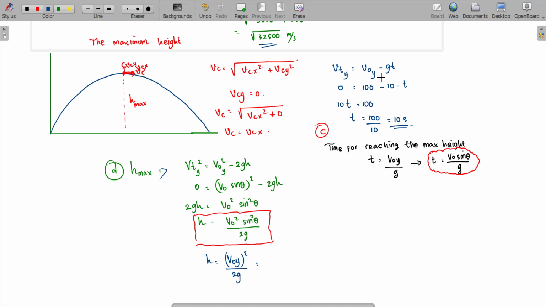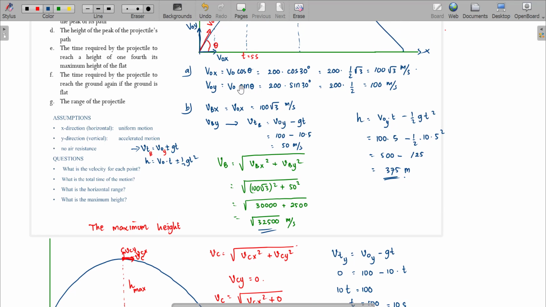V0y is 100 square divided by 20, how much is it? 10000 over 20 will be 500 meters. Done.